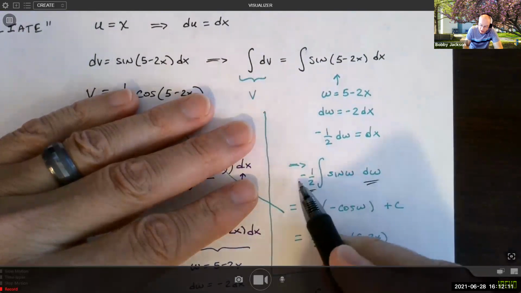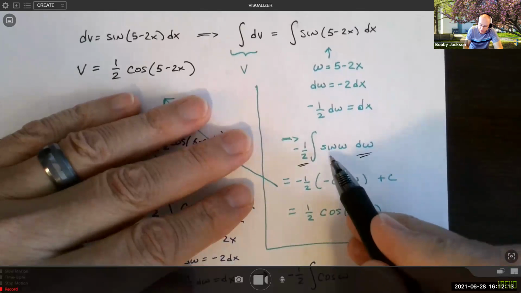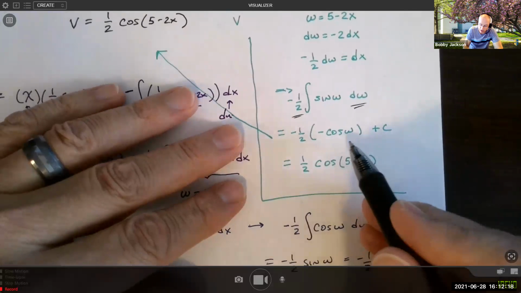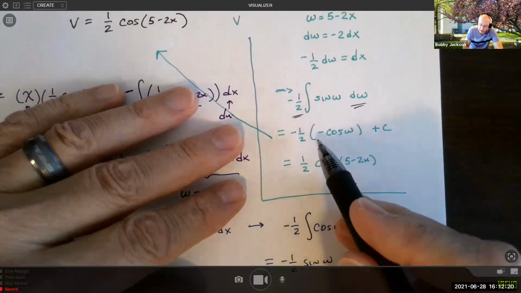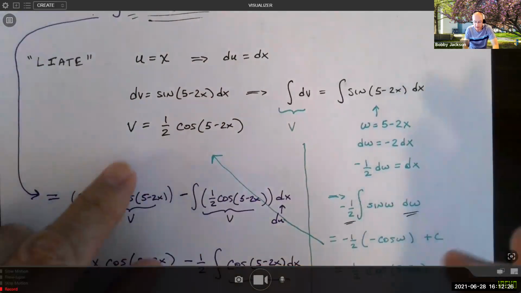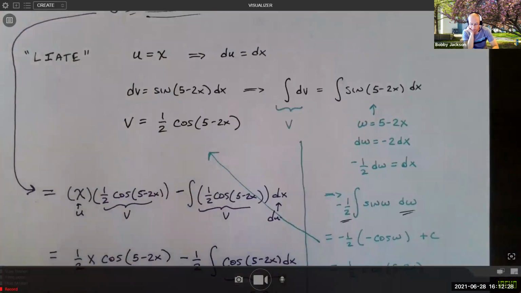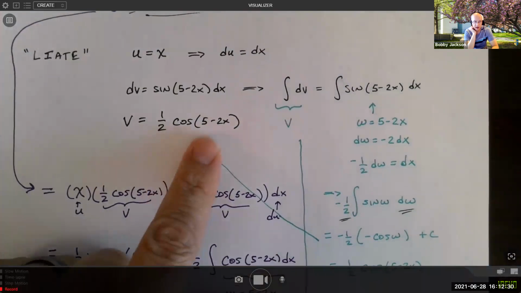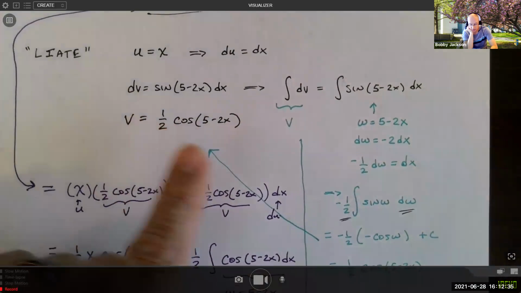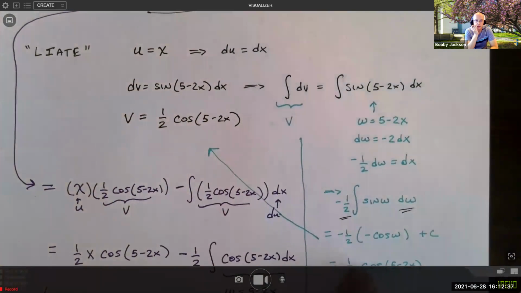The -1/2 can come out as a constant multiple. The antiderivative of sine of w is negative cosine of w, and so then we have negative times negative is +1/2 cosine of w. Remember, w was 5 minus 2x. So that is the answer. V is equal to 1/2 cosine of 5 minus 2x. Now, some of you can jump right from here to here without doing all the formal substitution notation, and that's fine.